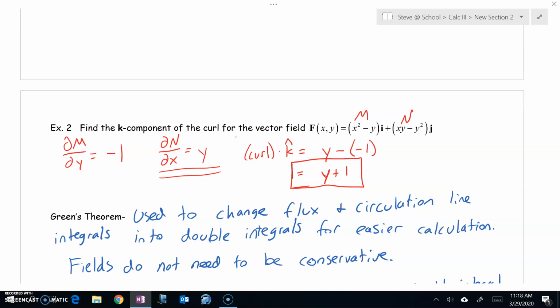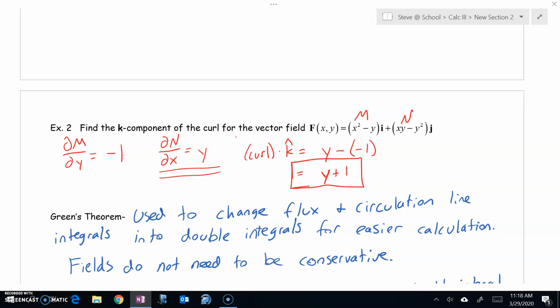Now I will say that sometimes it actually doesn't make sense to use Green's theorem. Sometimes, especially if it's circular, because you can easily parameterize a circle with one path, and then because of that, sometimes it's easier just to do the original integral for that.